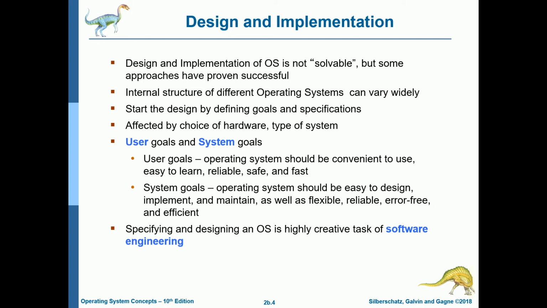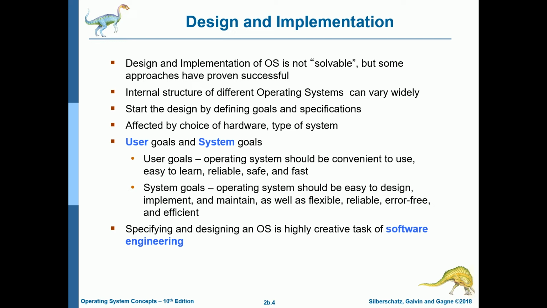The requirements can, however, be divided into two basic groups: user goals and system goals. Users want certain obvious properties in the system. The system should be convenient to use, easy to learn and use, reliable, safe, and fast. Of course, these specifications are not particularly useful in the system design.